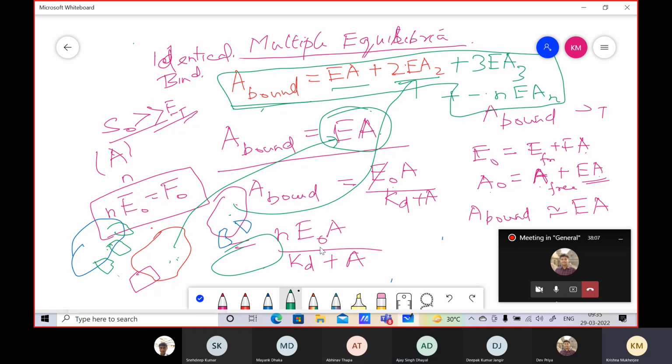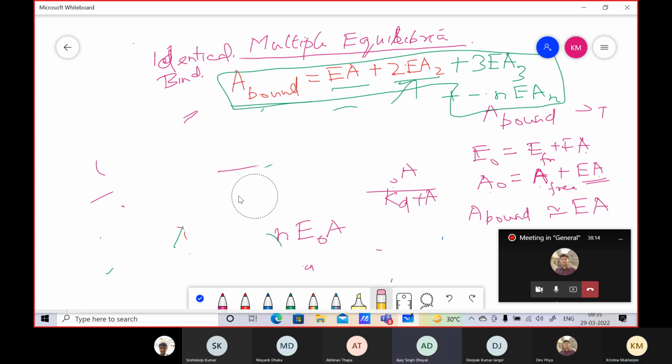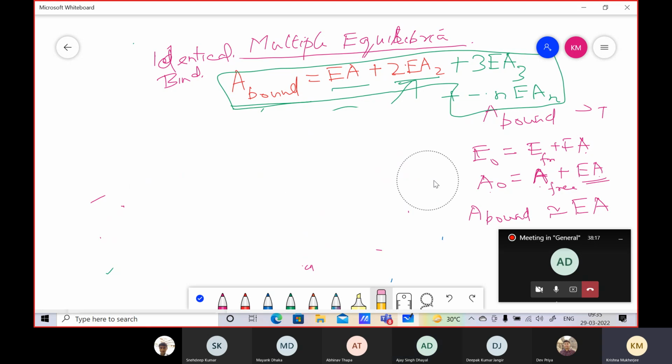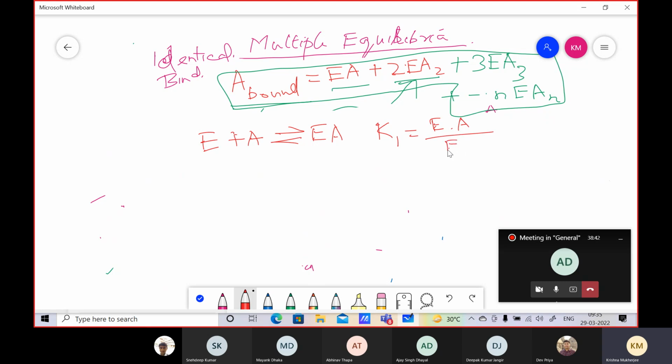So now we have basically multiple equilibrium relationships. I will wipe this out, and I'm trying to increase more and more complexity here slowly. So you have to please remember that E plus A is EA. And we have a dissociation constant, let me call it K1, as E into A upon EA.